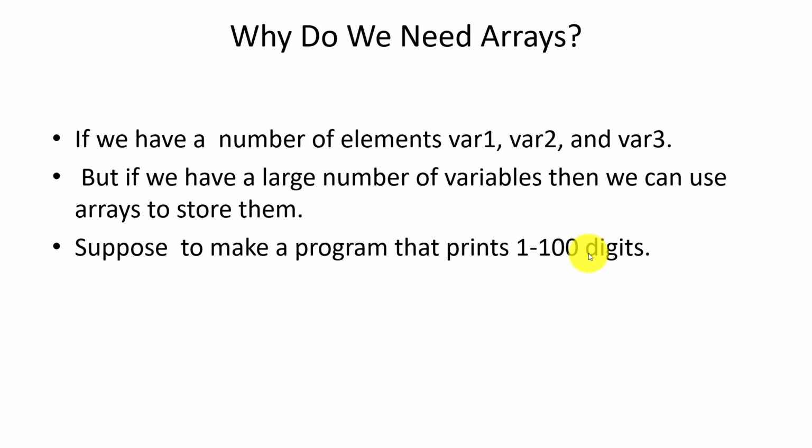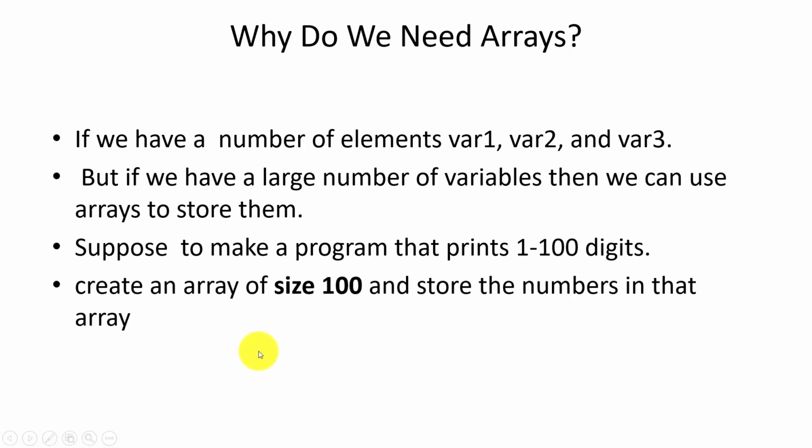Instead of storing 100 variables in separate memory locations, I can group all of them into one single unit, and that becomes the array. So I can create an array of size 100 and store the numbers in that array.